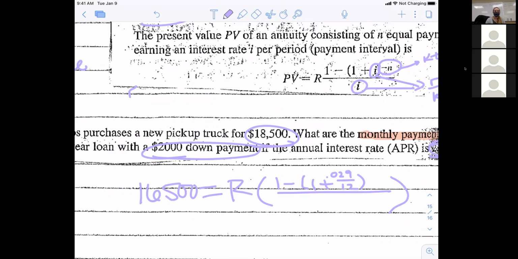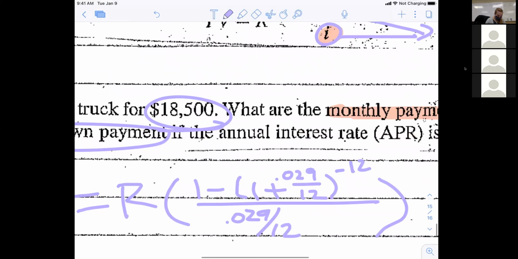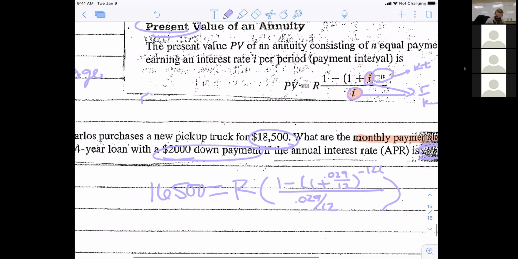That's also the same thing in the very bottom denominator. 0.029 over 12. See, I have I in both places. And then the last thing I have not filled in yet is that negative n. So I need to raise it to the negative 12 times, how many years is it? 4. 12 times 4.